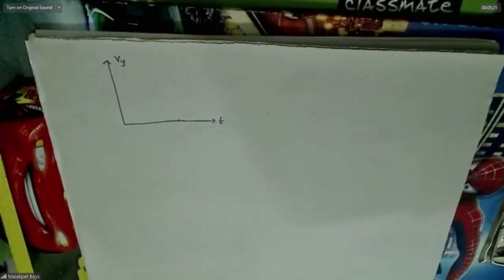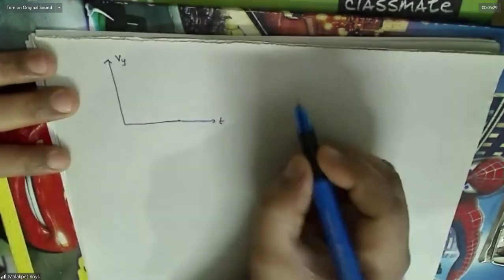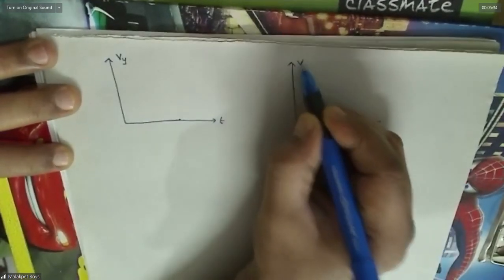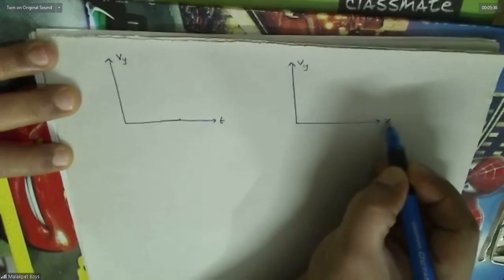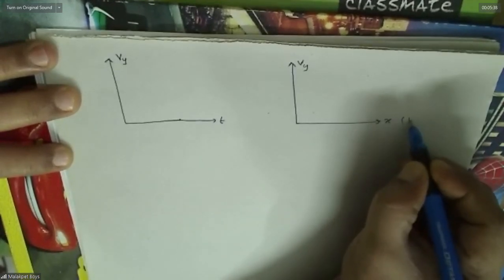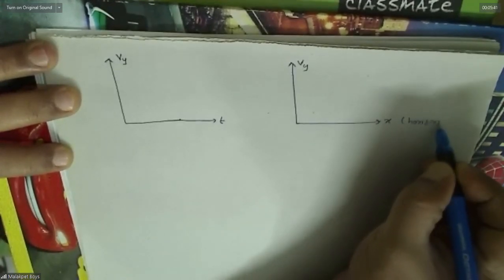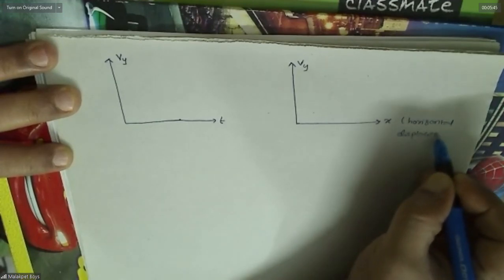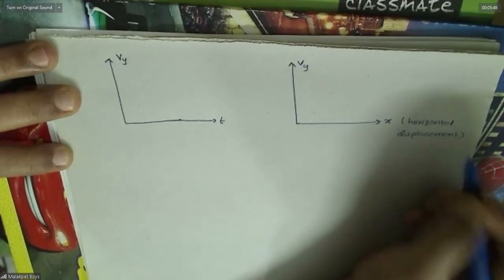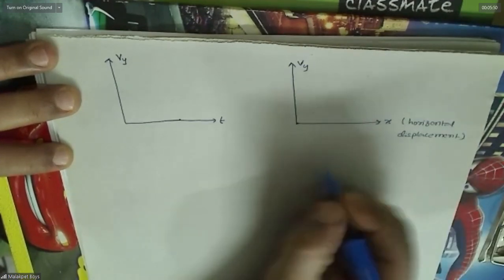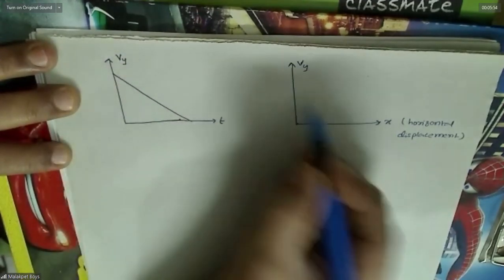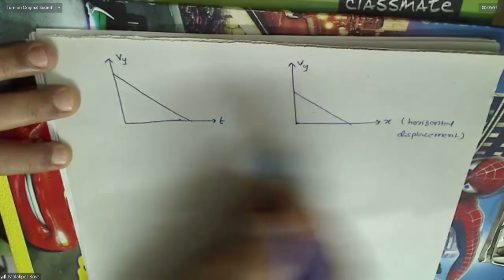And also Vy variation with x, with horizontal displacement. The graphs were given like this.